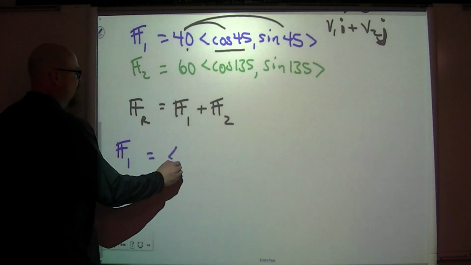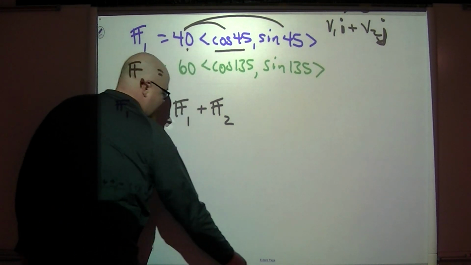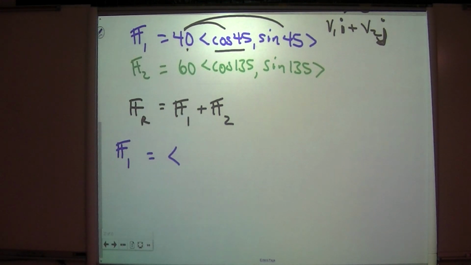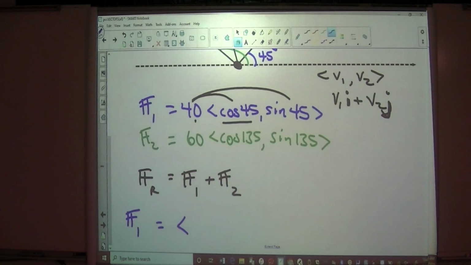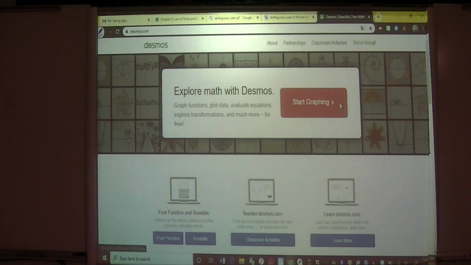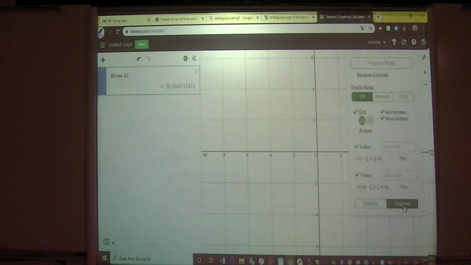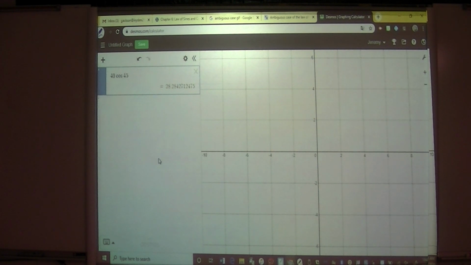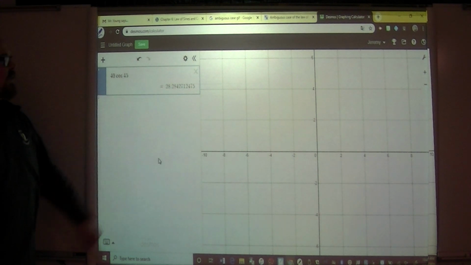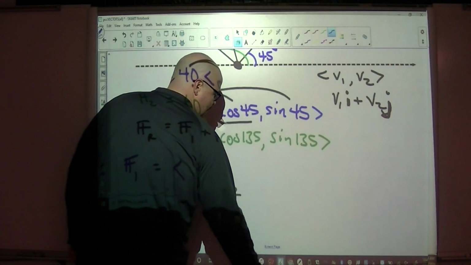So force vector 1 is 40 times the cosine of 45. I still have my Desmos window open, so I'm going to get that warmed up again. Here it is. 40 times the cosine of 45. Let's make sure we're in degree mode. Be careful there. 40 times the cosine of 45 is 28.28.